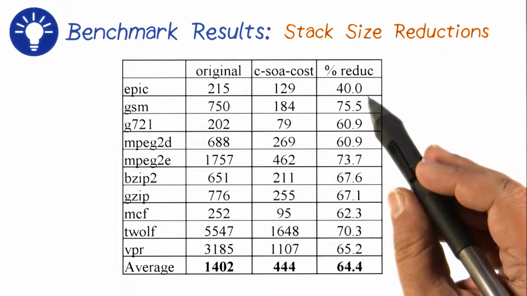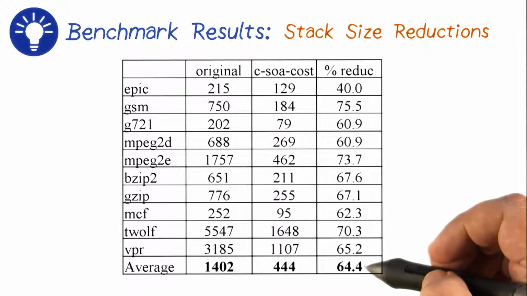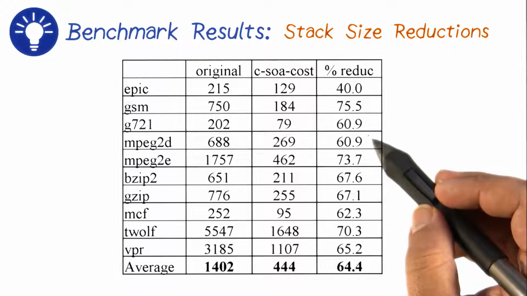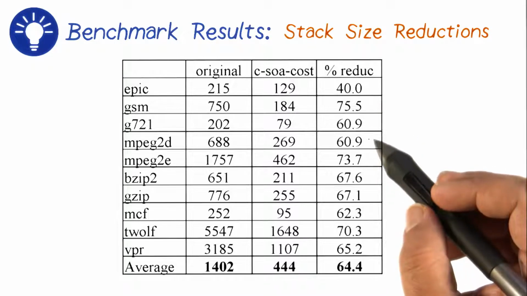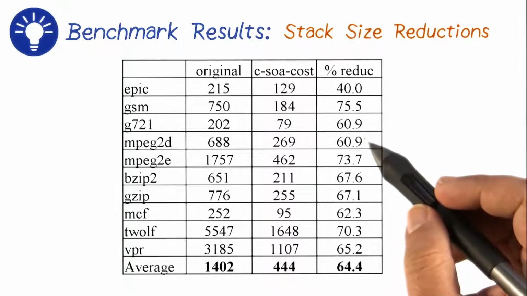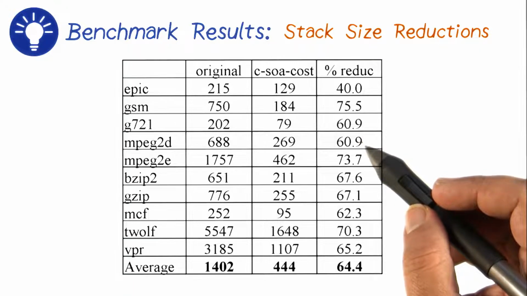They are shown in this particular table. Average improvement is 65%. The other improvements range from about 40% to 75%. So again, major reductions in data segment size apart from the code segment size. The code segment size reductions are due to fewer ADAR instructions.